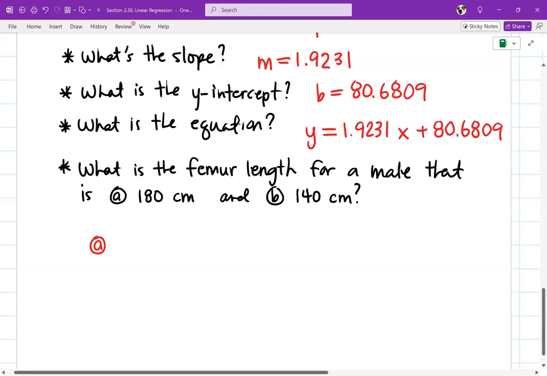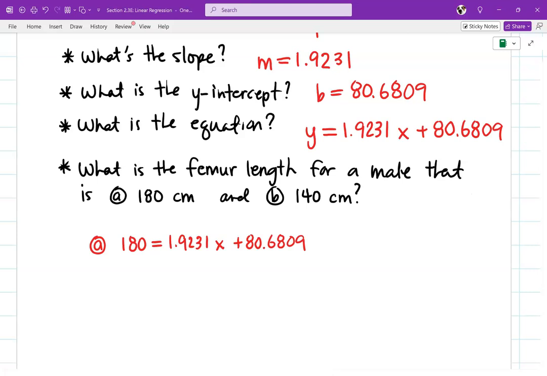Y is 180, so 180 equals 1.9231x plus 80.6809. Now you're going to have to use a calculator. I'm going to use mine right here just to help us out, but you're definitely going to want to use a calculator. So I'm going to get 180.